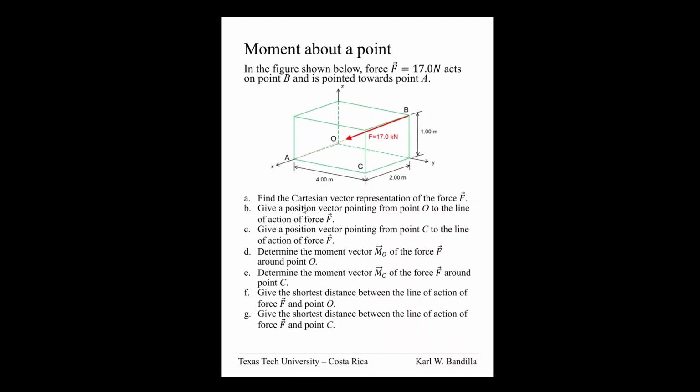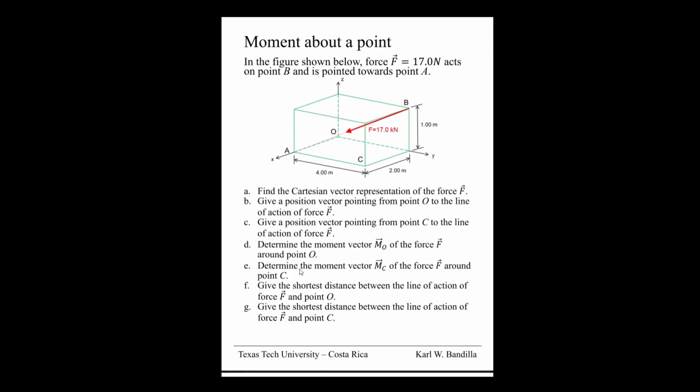B says give a position vector pointing from the origin to the line of action of F. So the line of action of F goes through A and through B. So we can choose either one. I would suggest we choose A because there's only one, the x component. If I want to go from the origin to B, I have to go both in the y and the z. For A, I only have to go in the x.